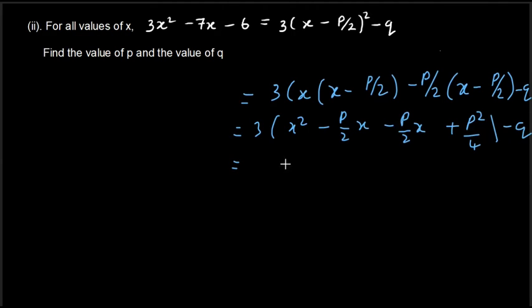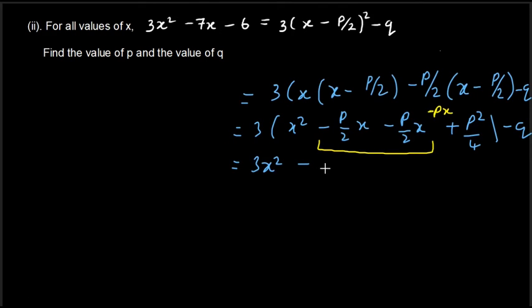If we add minus p over 2x and minus p over 2x, we get negative px.